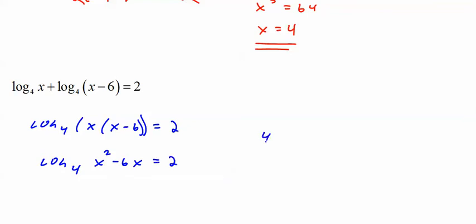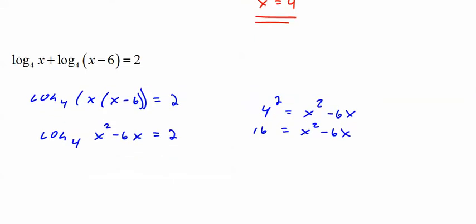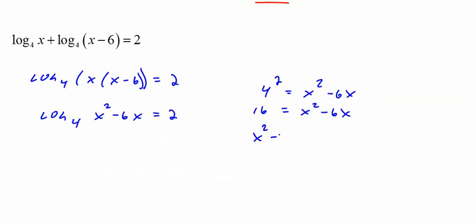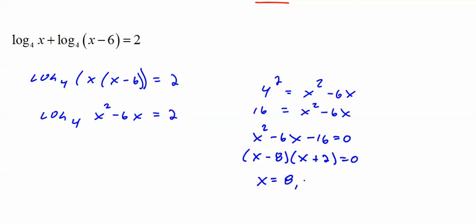Base 4 to the outside, 2 equals x squared minus 6x. 16 equals x squared minus 6x. X squared minus 6x minus 16 equals 0. X minus 8 times x plus 2. X equals 8, comma negative 2.